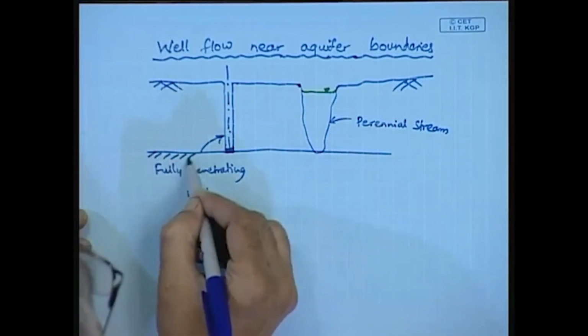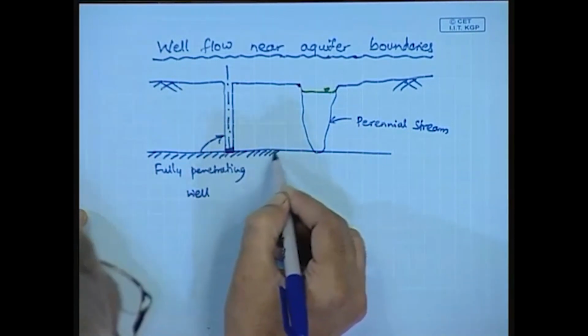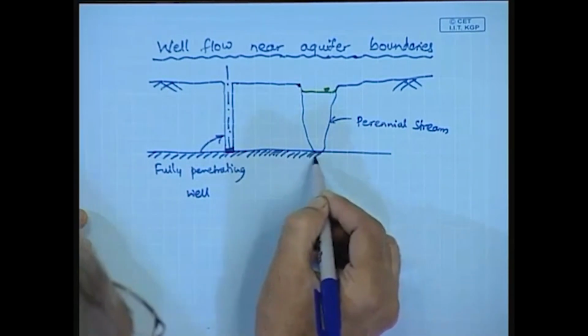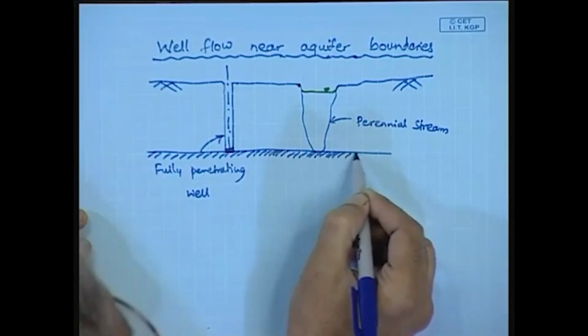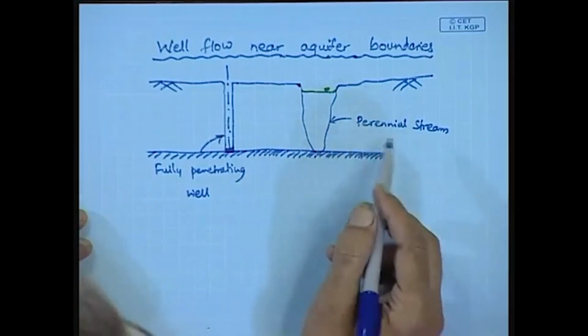There is a bottom confining layer which is common for the well as well as the perennial stream.